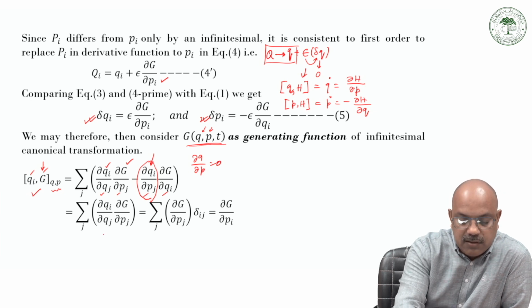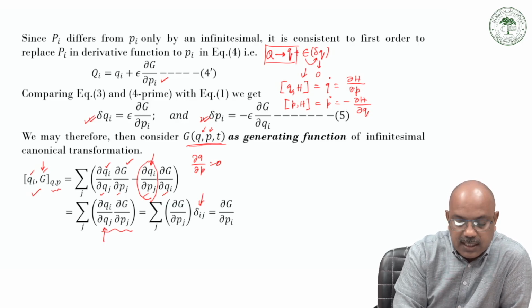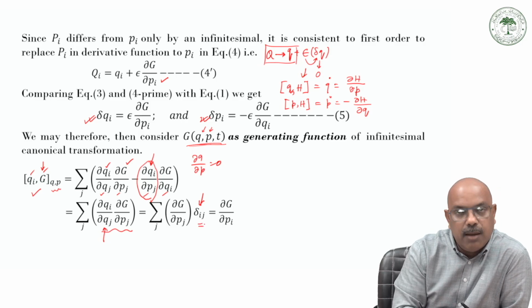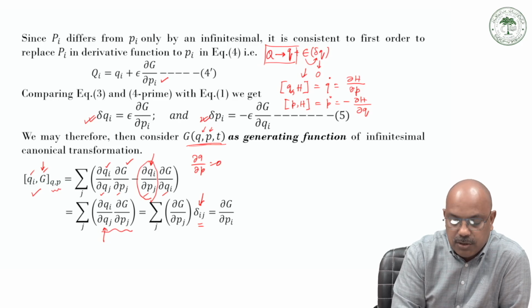I am left with the first term, where we have qi upon qj. This is nothing but my delta ij and then delta G. When i equals j, this sum survives, otherwise everything is going to be 0.